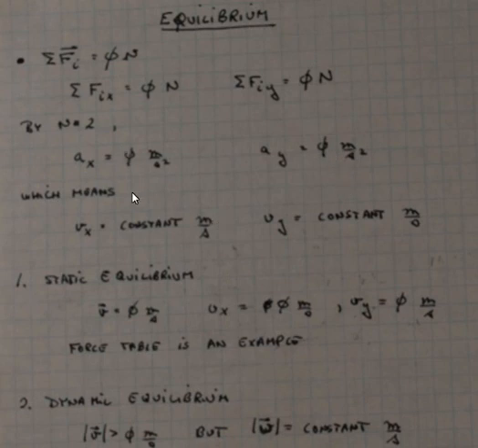And so these both mean, respectively, that v sub x, the x component of the velocity, is constant, and the y component of the velocity is constant.